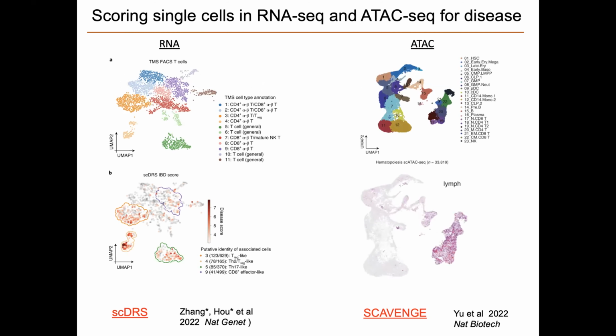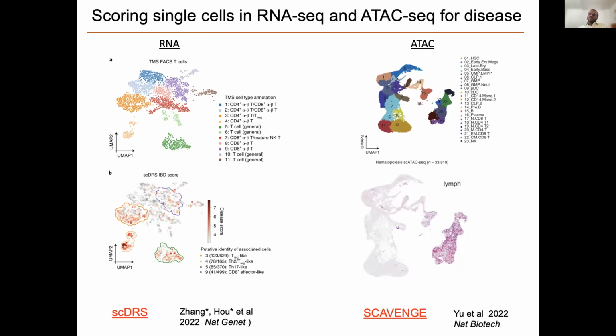Yeah. So one difference between the SCDRS and scavenge is that scavenge is a method that actually looks at fine-mapped GWAS SNPs and then combines the fine-mapped GWAS SNPs with the ATAC peaks, whether we see ATAC peaks in that particular cell overlapping the fine-mapped GWAS SNPs in general. And in that paper, they primarily focused a lot on the different blood cell traits. And one of the constraints is that the fine mapping often works very well for some of these well-powered quantitative traits compared to some of the disease traits for that matter.